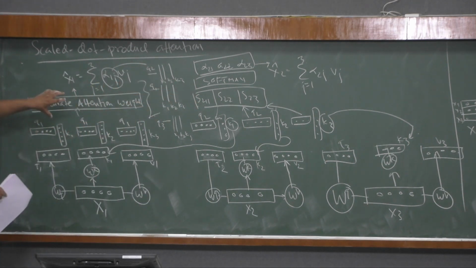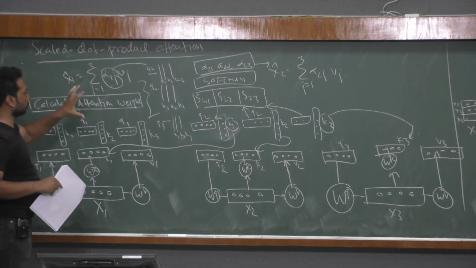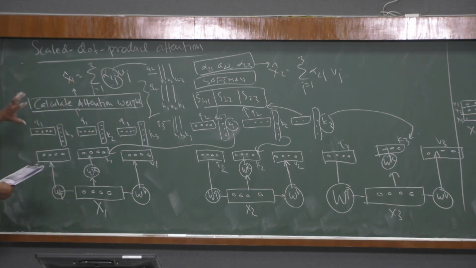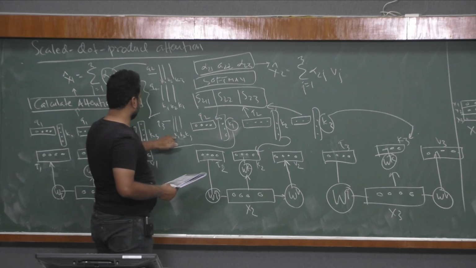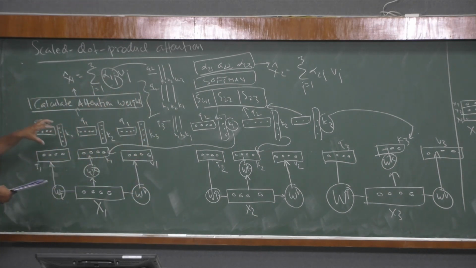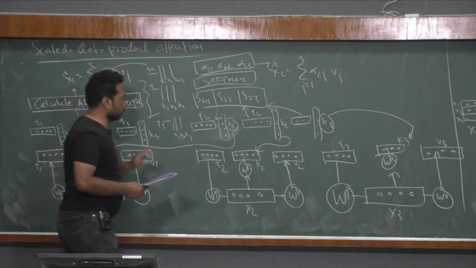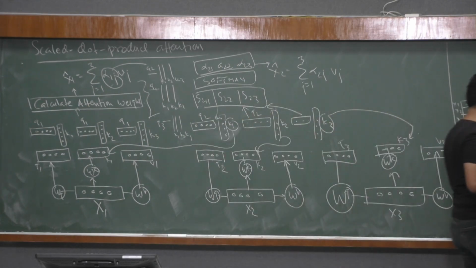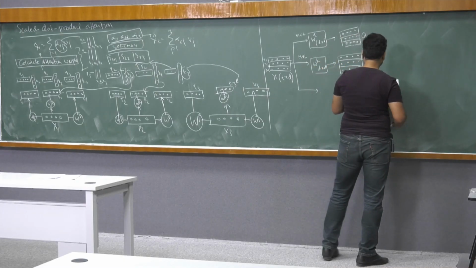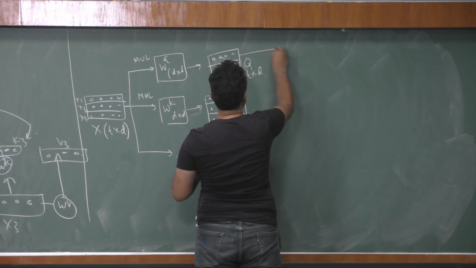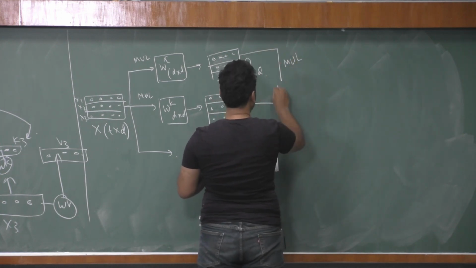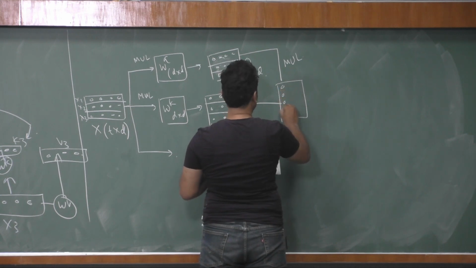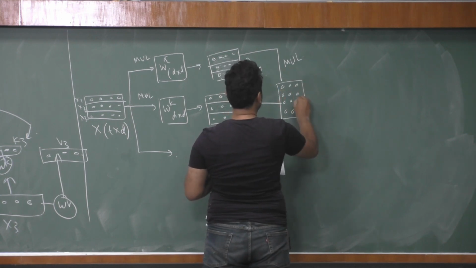But if we stack q1, q2, q3, then the key matrix could be seen as a transpose, since we see rows as the key values. So the transpose will be for the K, just like we did before. Then we multiply this with this, and what we get is 1, 2, 3, 4, 1, 2, 3, 4, 1, 2, 3, 4.